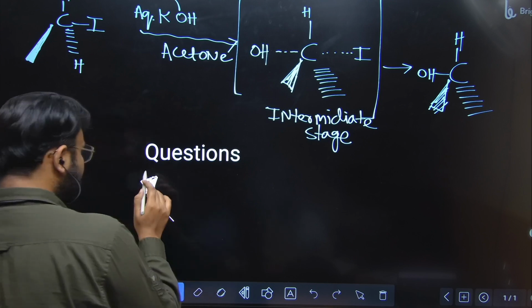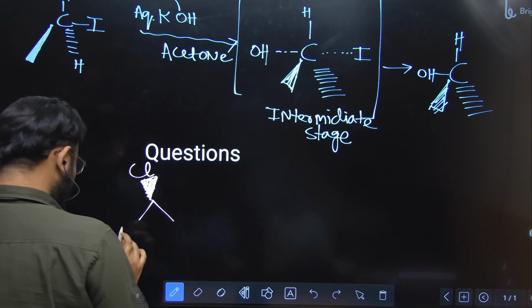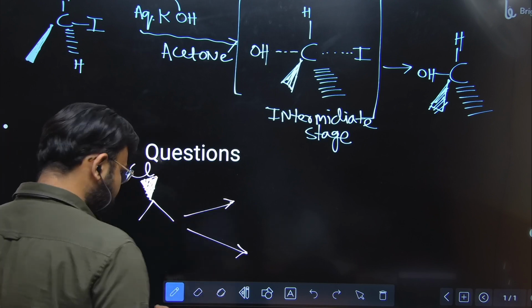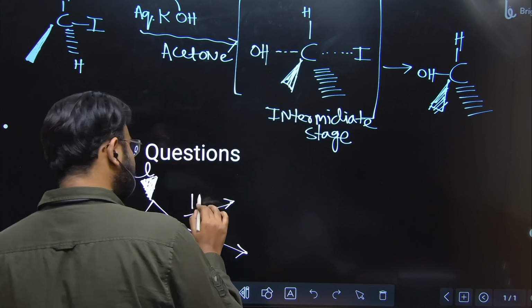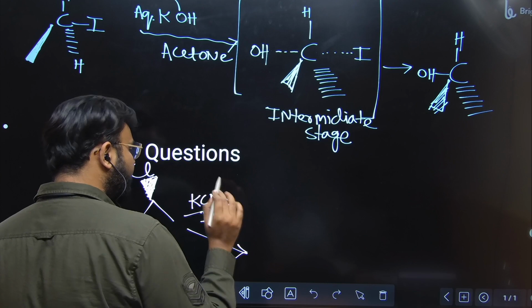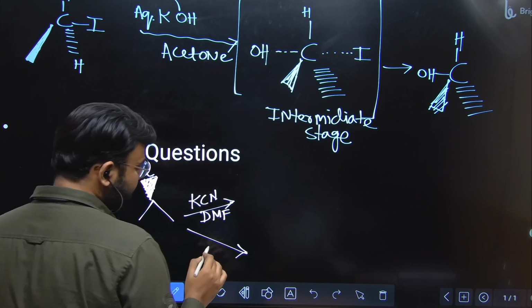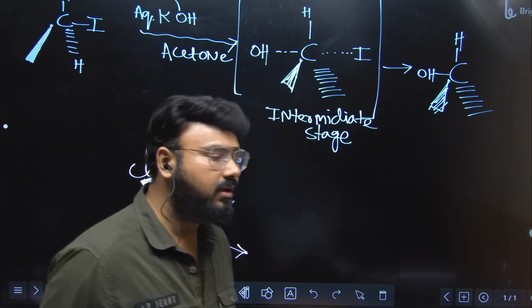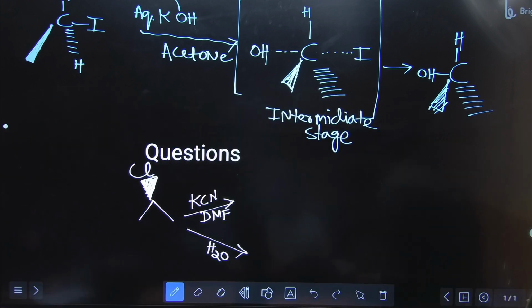Now you have a chlorine here, and here I am adding KCN with DMF. And here I am adding H2O. Now write both the answers. All of you write down both the answers now. These are something old, but I'm giving it for practice. New ones will come now. Guys, solve it now.